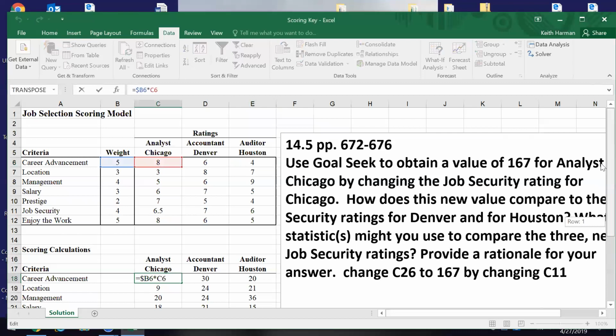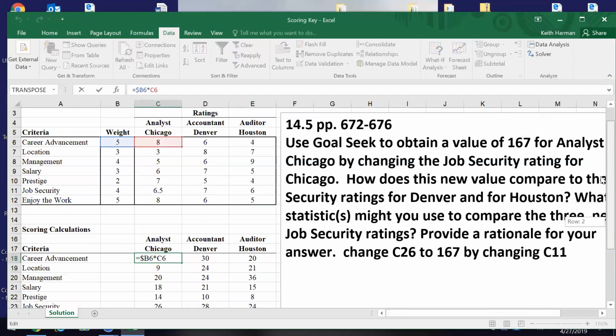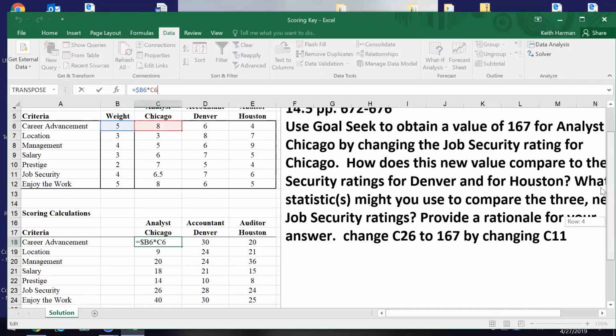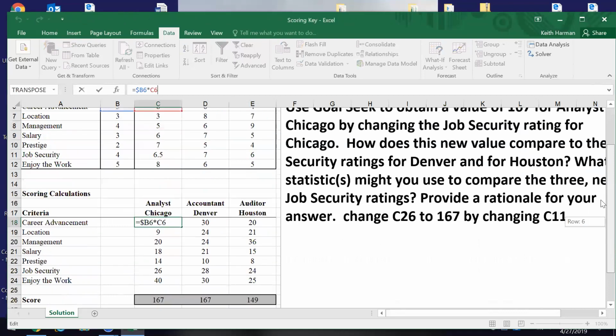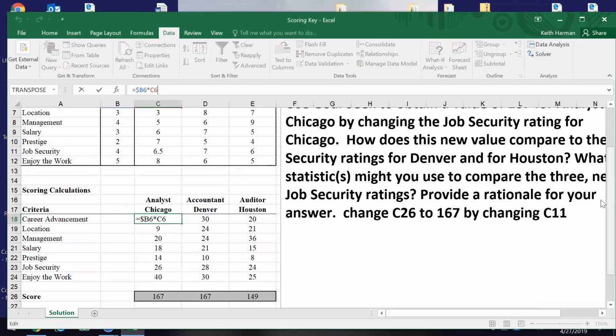We're basically looking at B6, which is the career advancement rating and the career advancement score for the analyst in Chicago.